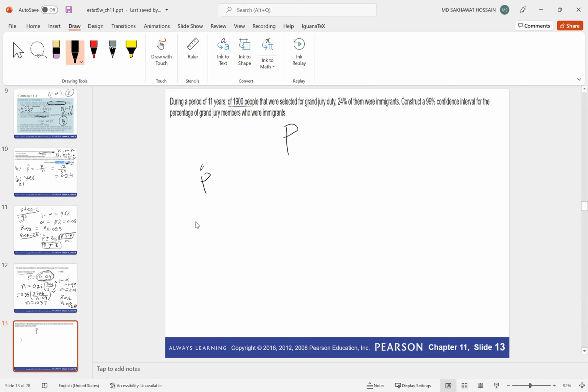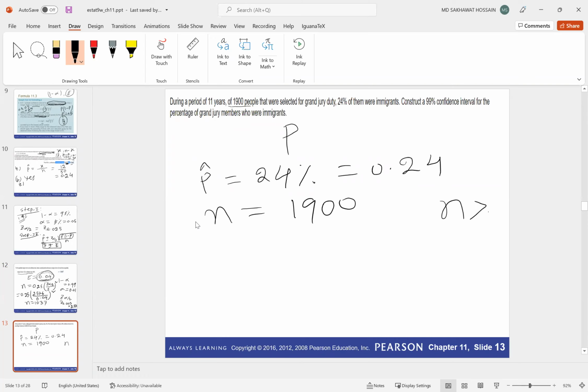So here the p hat is 24%, which is 0.24. Sample size n is equal to 1900. Before using the z interval, you need to check whether n p hat is greater than or equal to 5 and n minus x is also greater than or equal to 5.